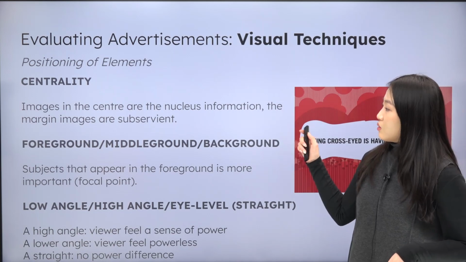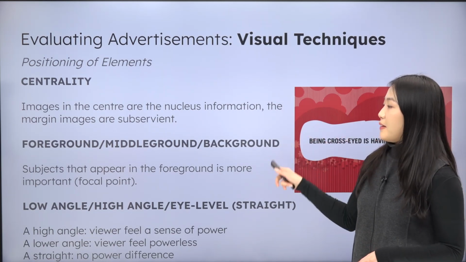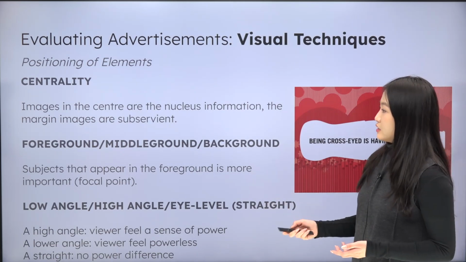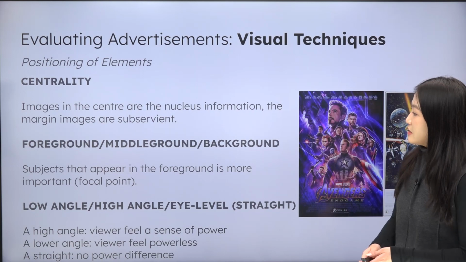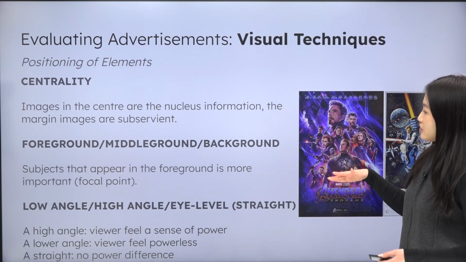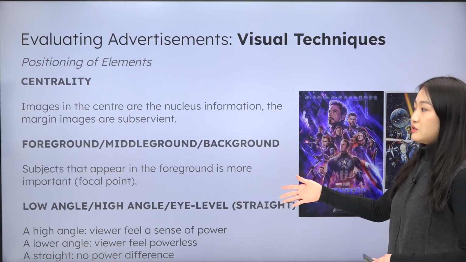With this, we have foreground, middle ground, and background. So what is foreground? Foreground is whatever takes up the very front. If this was a landscape, it would be something that is the closest to you.